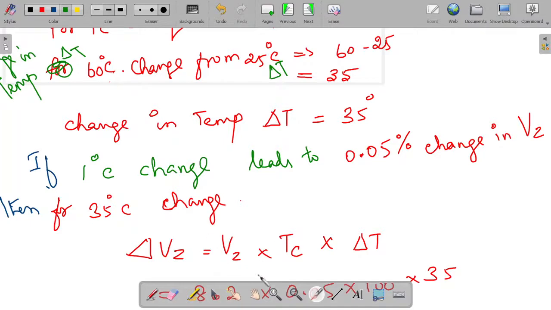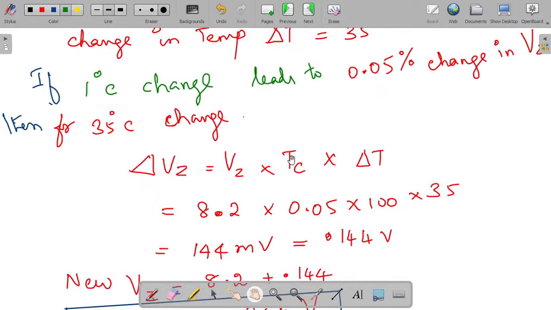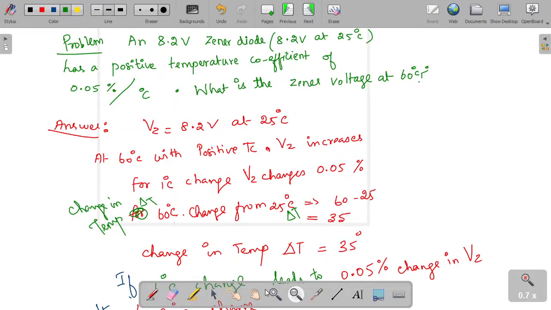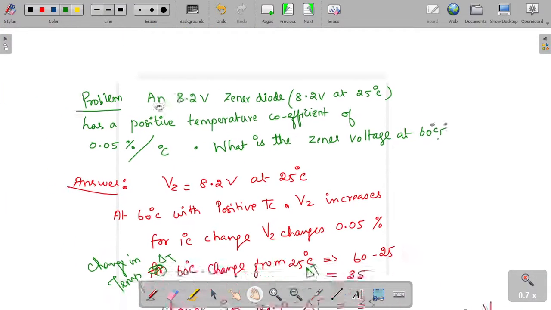For that we can use this formula: del Vz is equal to Vz into Tc into del T. We can substitute the values as such. Vz is given in the problem itself, it is 8.2.